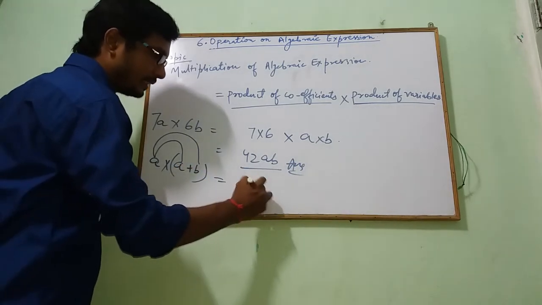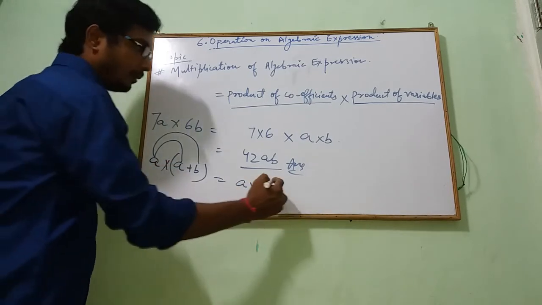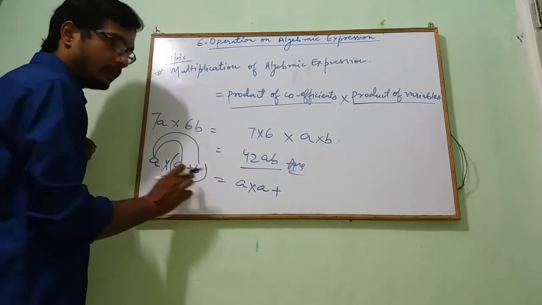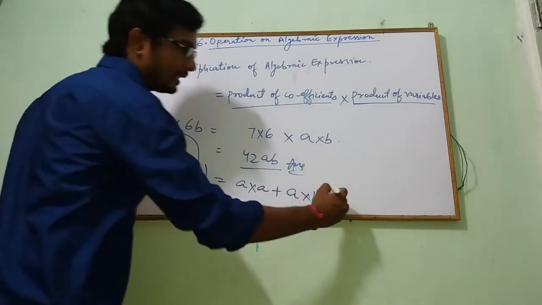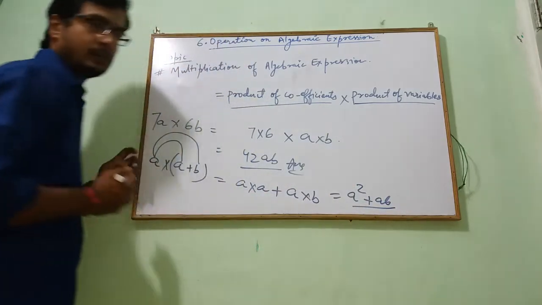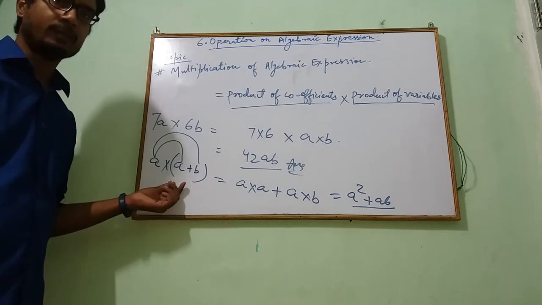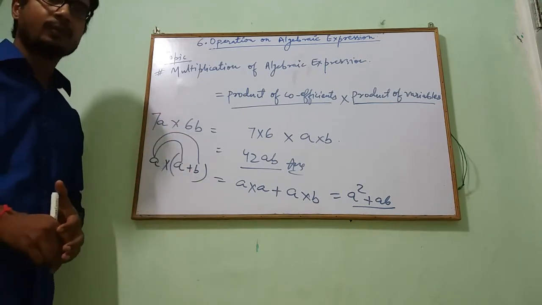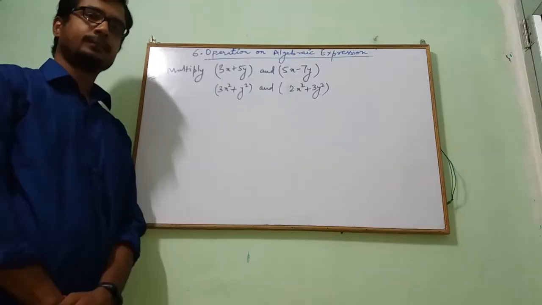So I will write a into a, plus, because plus is there, and then a multiplied with b, and my final answer will be a square plus ab. So this is how a monomial is multiplied with a binomial. Let's take a few questions and understand the concept.